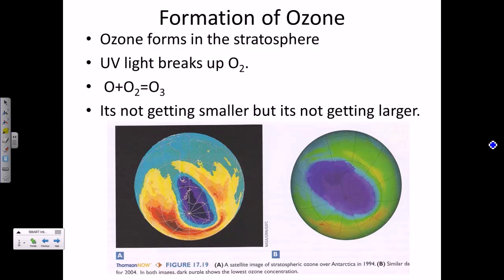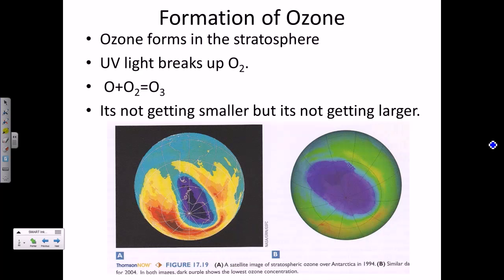So generation of electricity and transportation. 3/4 of the pollutants that go into the atmosphere are generated from those two areas.